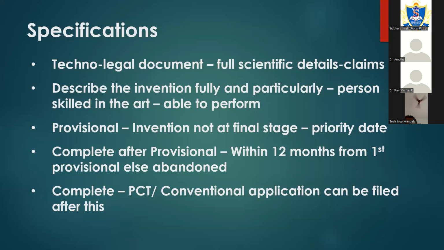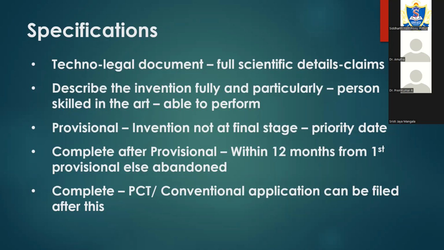Otherwise, it will be considered abandoned. You can submit any number of provisional specifications, but only one complete needs to be submitted. Please be clear with this. That one complete specification has to be filed within 12 months of the first provisional application.